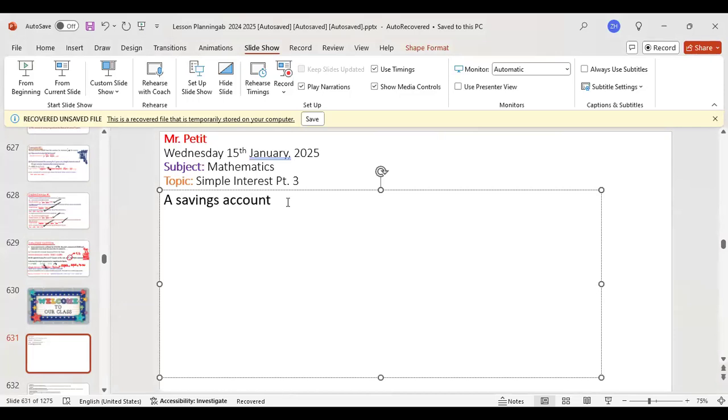Yes. Good. A savings account earns interest of 2.5% per year. What kind of account is this? Savings account. Which means they are investing money, not borrowing.